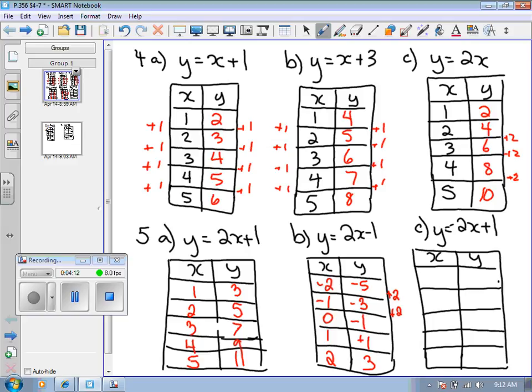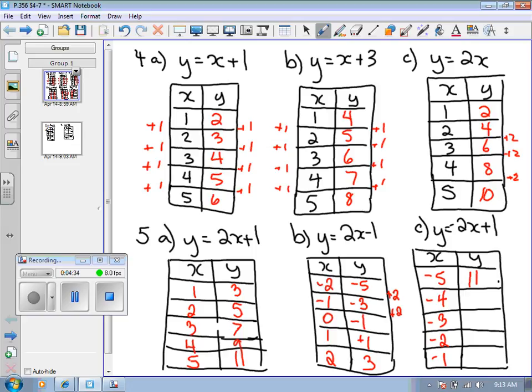Okay, table of values. What values am I going to pick for x? Give me numbers. You want to do them all negative this time? Okay. Negative 2 times negative 5 is positive 10. Very good. Plus 1.